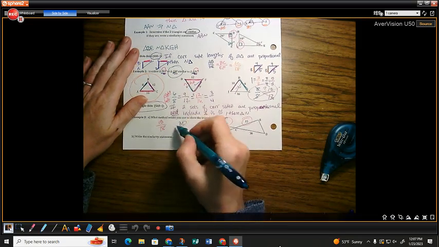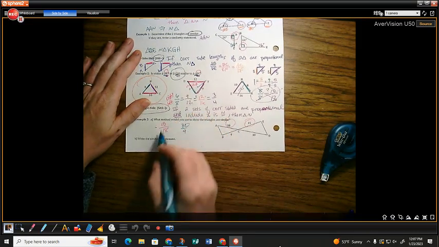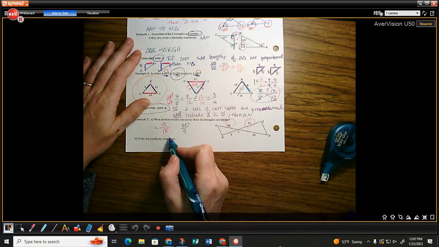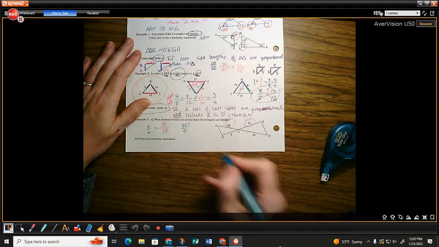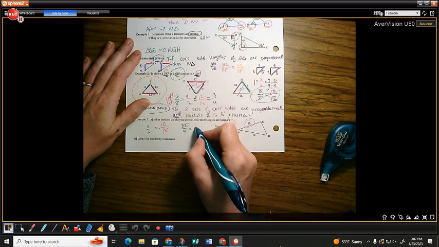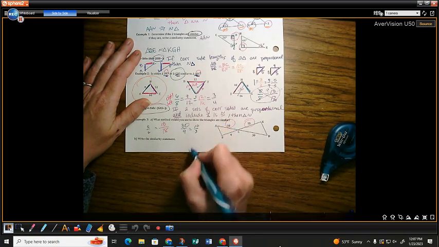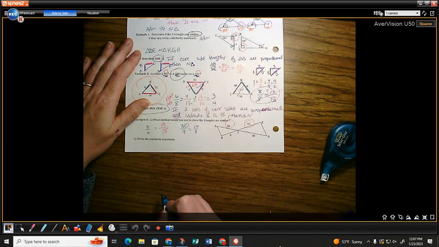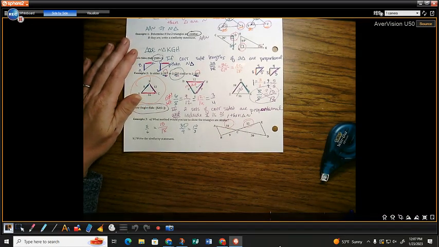What does 15 over 18 simplify to? 5 over 6. They both divide by 3. That's 10/3. Are they proportional? No. Guess why they're not proportional? I didn't set up the corresponding sides.